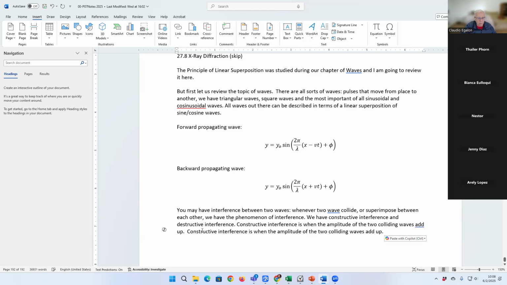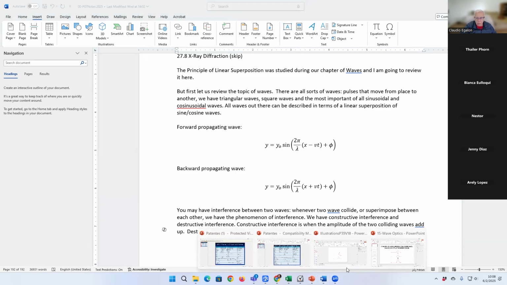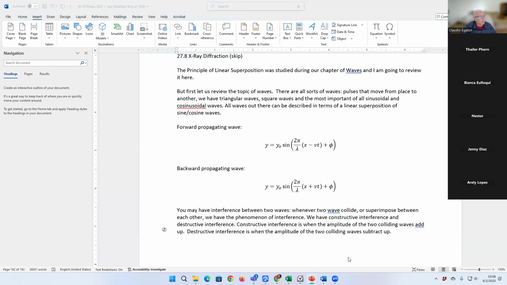If constructive interference is whenever the amplitudes of two waves add up, destructive interference is whenever the amplitudes of the two colliding waves subtract.